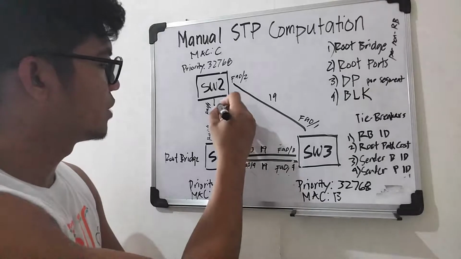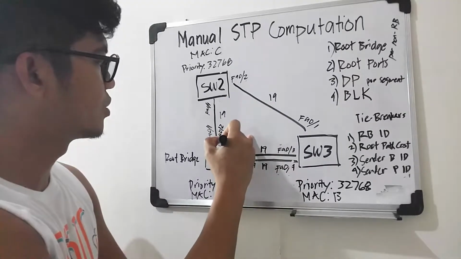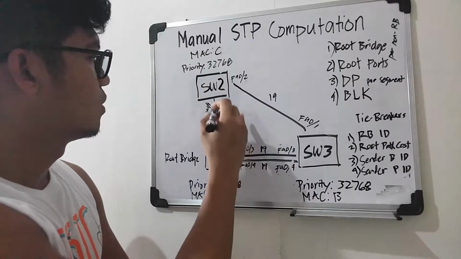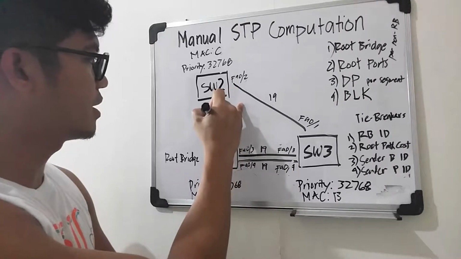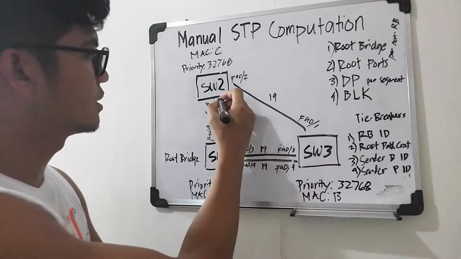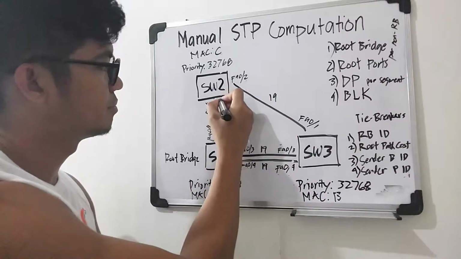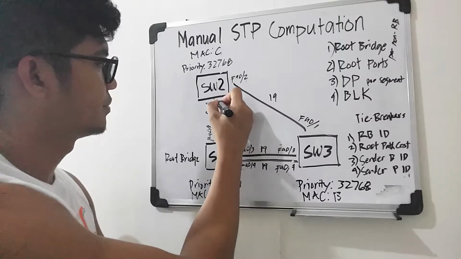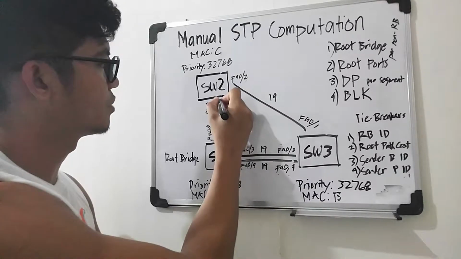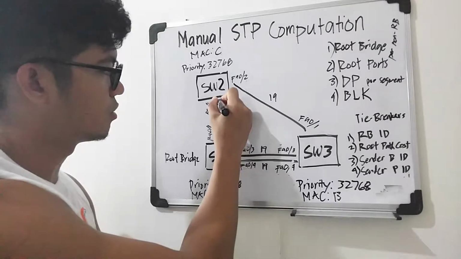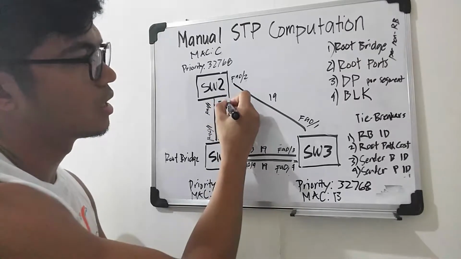To get to the root bridge, we should use this path here rather than this path, because it has the lower cost. So this would be the root port.